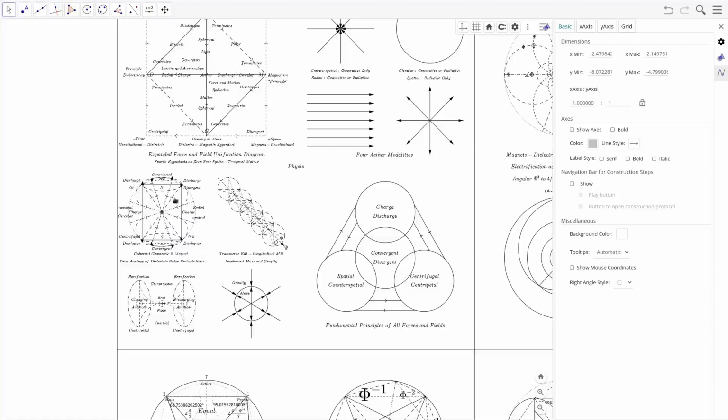What's over here is clockwise, but what's over here is counterclockwise discharge. And this is divergent discharge, centrifugal discharge on this side, which if you could wrap your mind around that, you're pretty smarter than the average person.